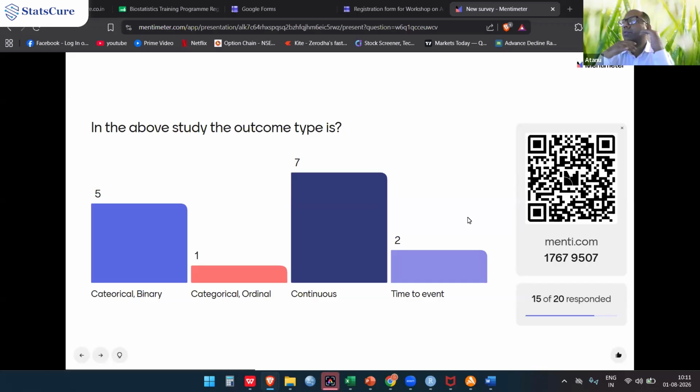For each patient, at the individual level, we are going to enter data as yes or no. That means response occurred or not. In that sense, response would be considered as binary data, yes or no. But the second point comes when the study objective says we are going to see the response rate. In that sense, how are we going to calculate?